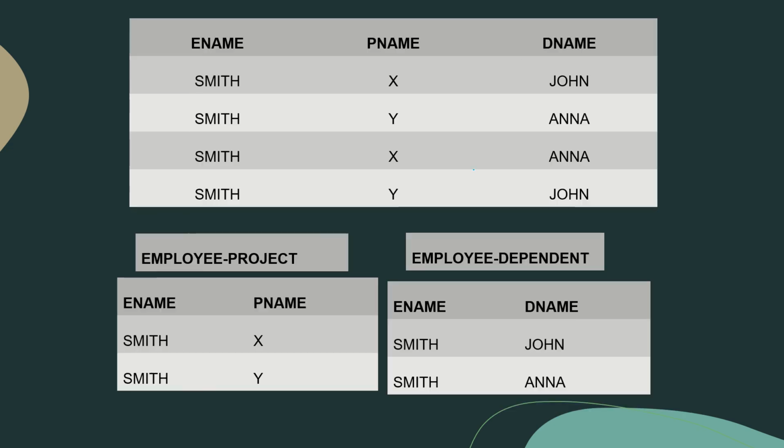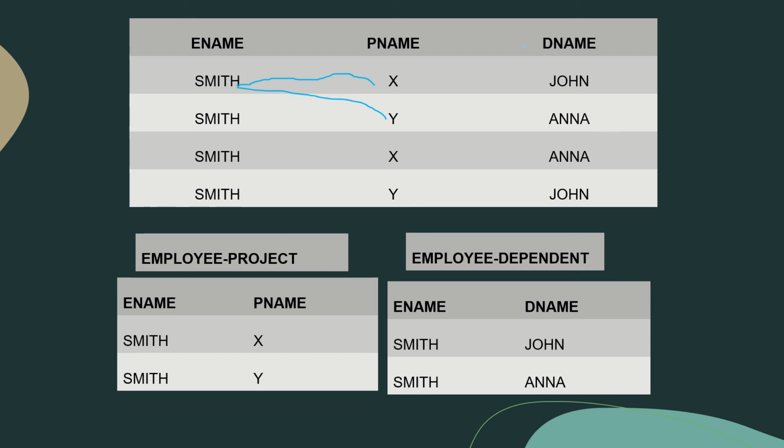And this is another example, and in this example we can check whether this table is in fourth normal form. The table is in BCNF, but it is not in fourth normal form. Why? Because there exists a multi-value dependency. That is, one value of Smith is related to two values of P name.